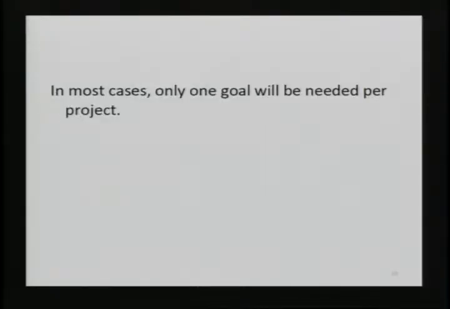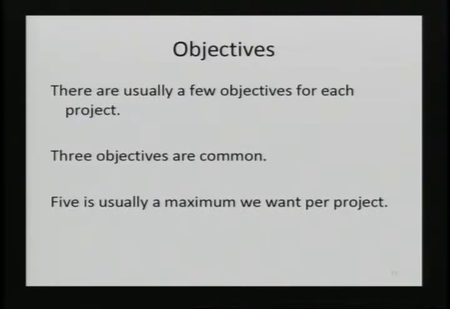In most cases, only one goal will be needed per project. Now let's take a look at objectives. There are usually a few objectives for each project. 3 objectives are common. 5 is usually a maximum that we want per project.